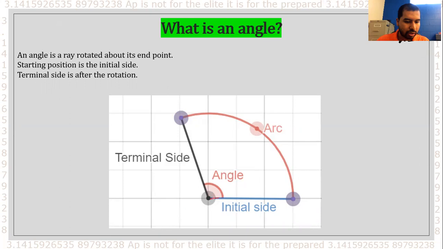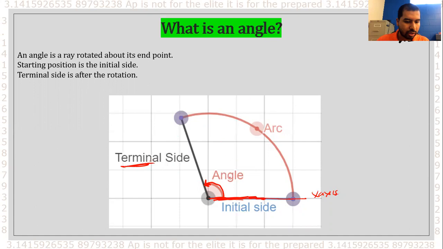If the initial side right here is on what you would call the x-axis, this right here is a standard position angle. Okay, so this right here would be its initial side. The angle is measured from here all the way to where it stops, and that is called the terminal side, where it stops.